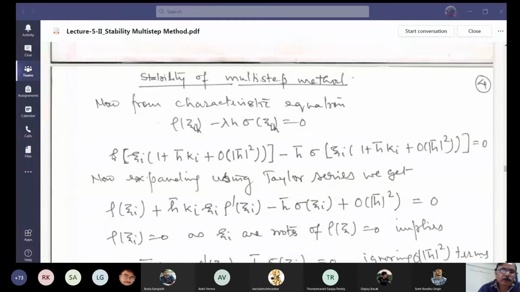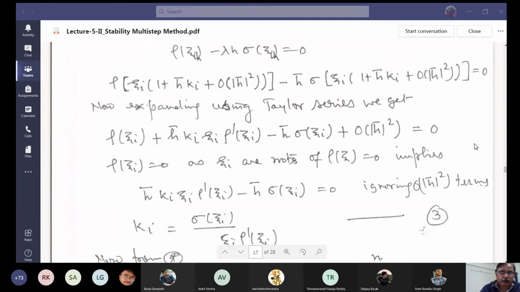So rho of xi i times the bracket 1 plus h bar ki plus capital order h square, minus h bar sigma of xi i, I have just put the value of xi i h, nothing else, 1 plus h bar ki plus capital order h bar square, equal to 0. Now we use the Taylor expansion and expand it.